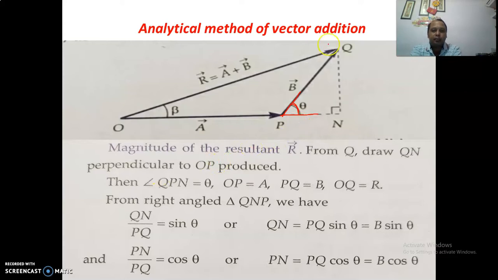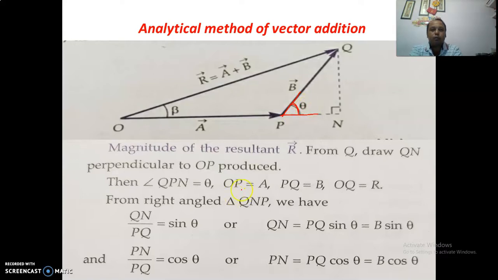Now here we are getting a right angle triangle which is given by QPN. In this right angle triangle, the angle QPN is the angle between the two vectors, which is given by theta.